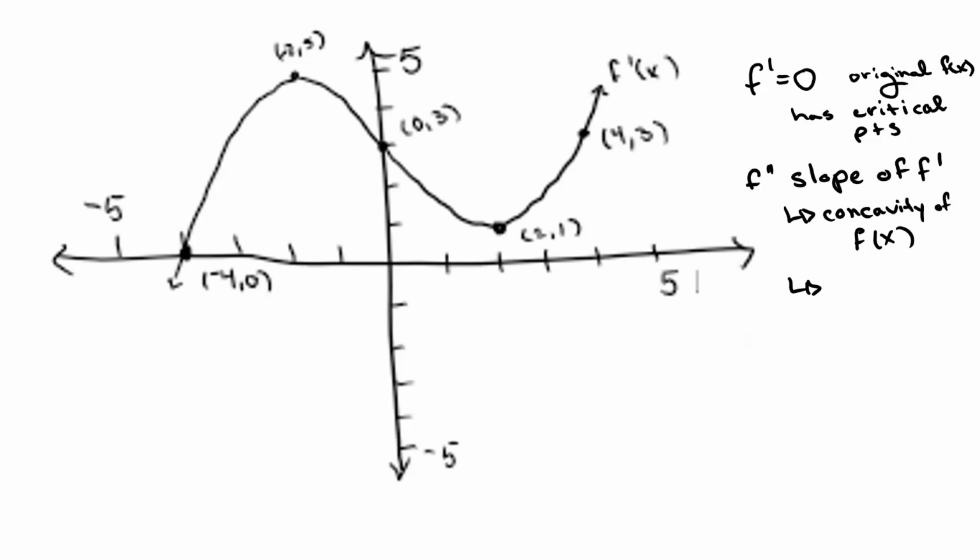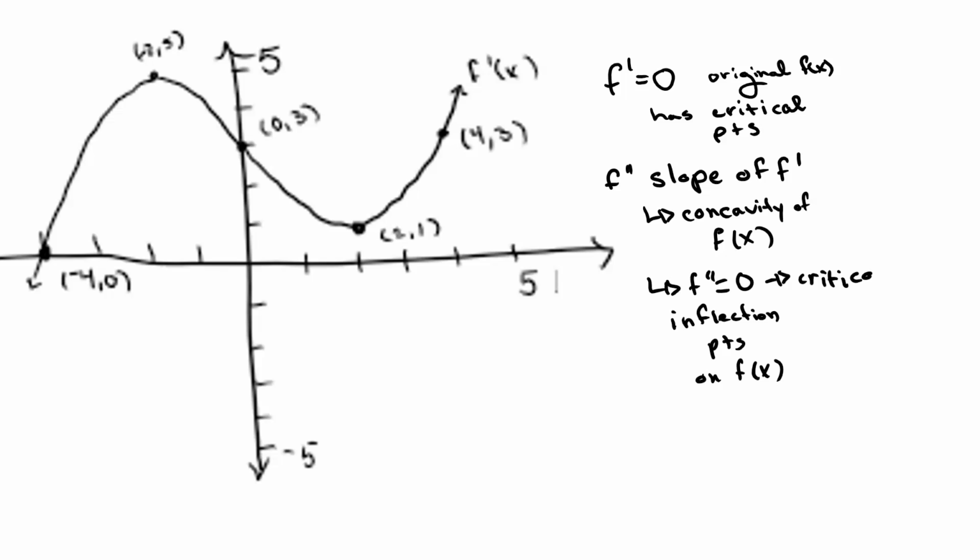And where f double prime equals 0, we have inflection points on f of x. And what do those look like on this graph? Well, that's going to be a critical point on the f prime of x graph, the one we're working with today.